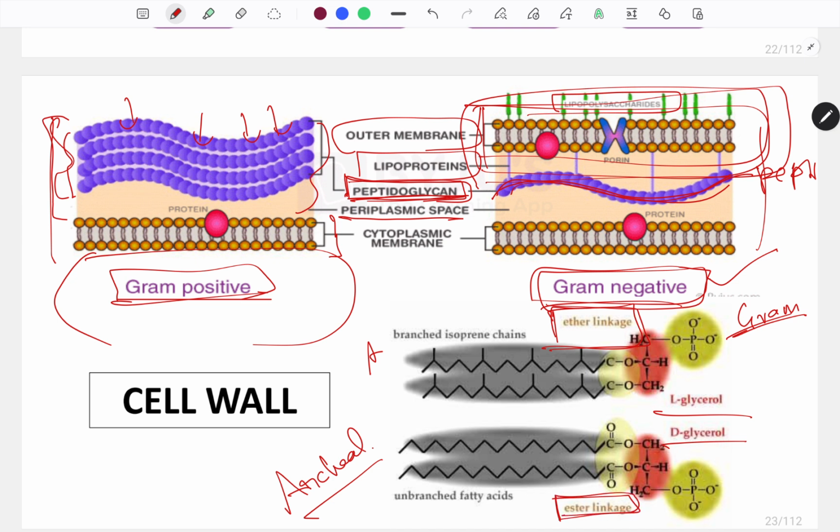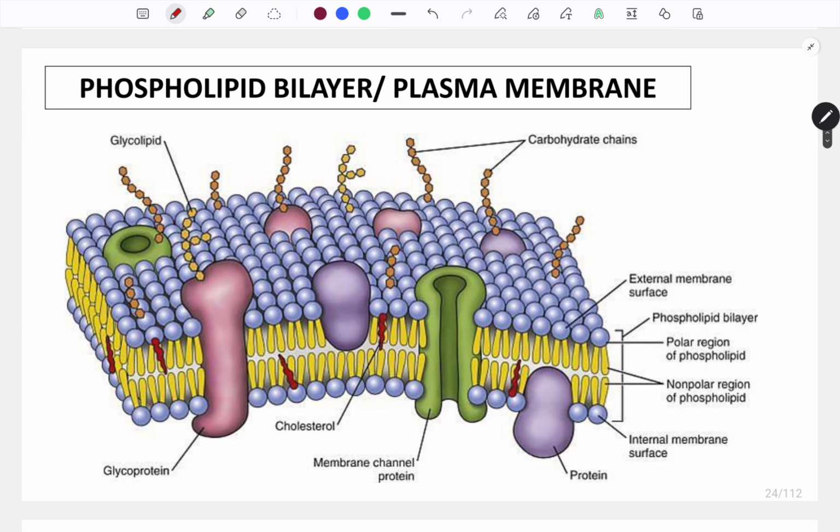This is a small difference. There's only one difference between the archaeal cell wall and a bacterial cell wall: in the archaeal cell wall, ether linkage will be present, and in the bacterial cell, ester linkage will be present.